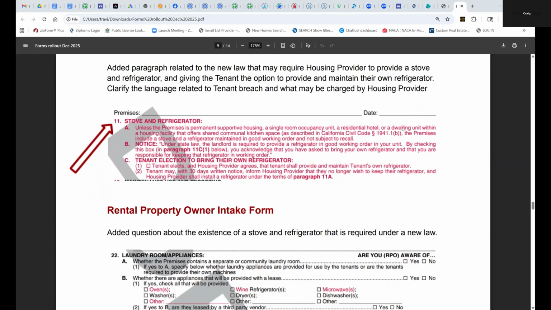Really? And there was another section here, free of recalls, right here. Maintain in good working order and not subject to recall. So they're getting strict with landlords and what needs to be provided in the homes.